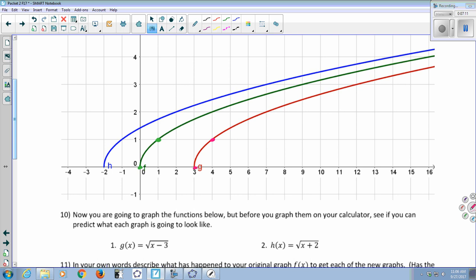So from 1 to 4 is 3 units to the right. I'm going to check one more. I have (4, 2), which was one of my points on f. The corresponding point on g would be right here, which is 3 units away. So it looks like I have a consistent distance of 3 units for corresponding points between f and g.